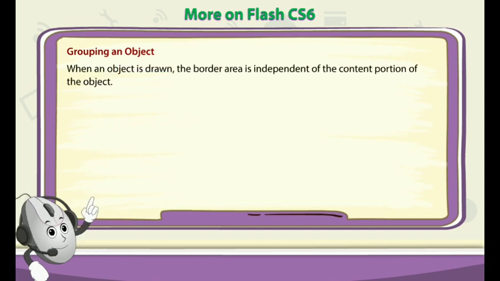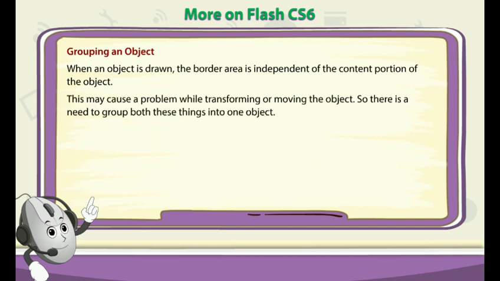Now grouping an object. When an object is drawn, the bordered area is independent of the content portion of the object. This may cause a problem while transferring or moving the object, so there is a need to group both the things, the object and its outline, into one object.